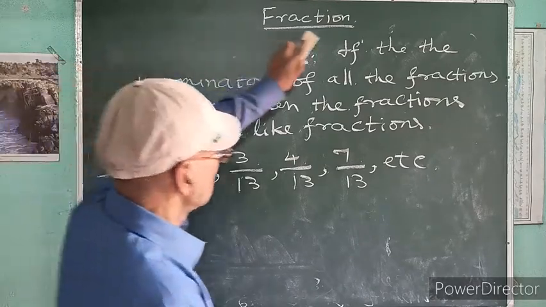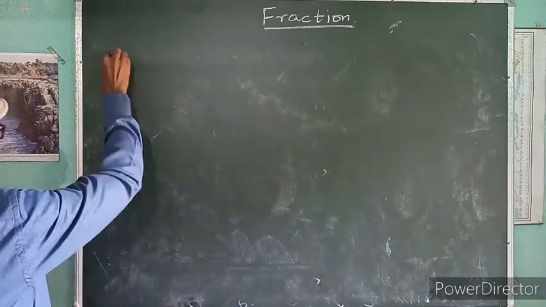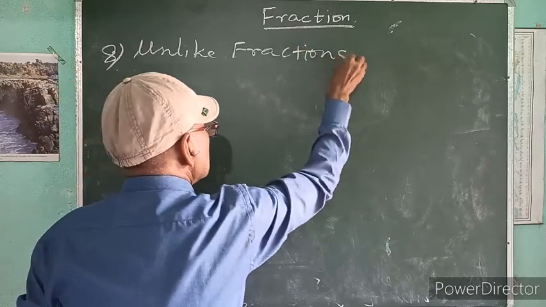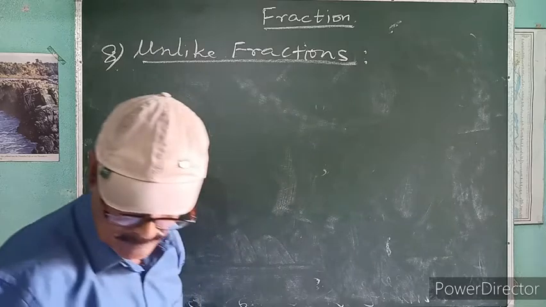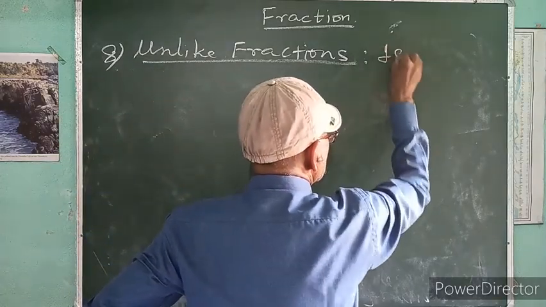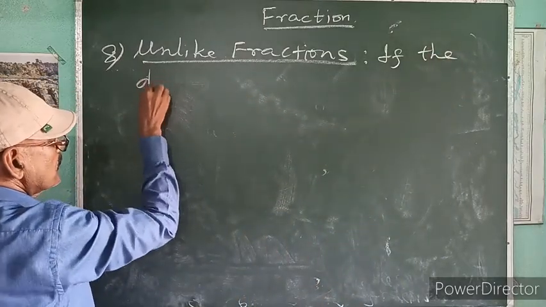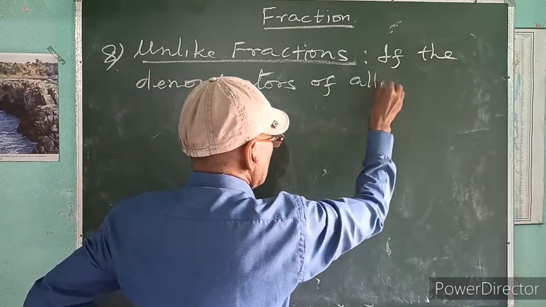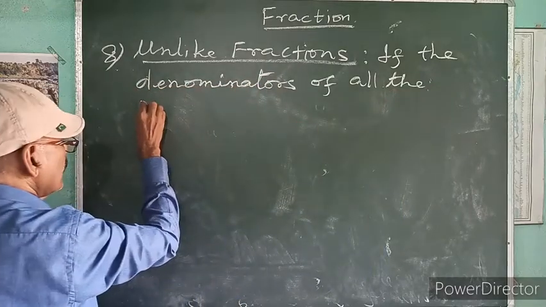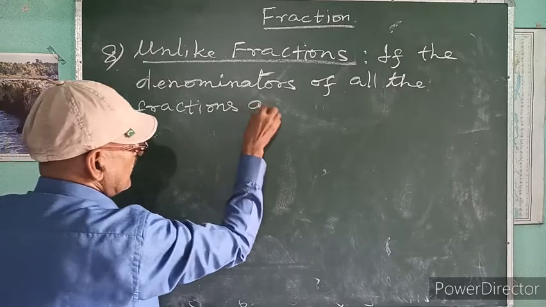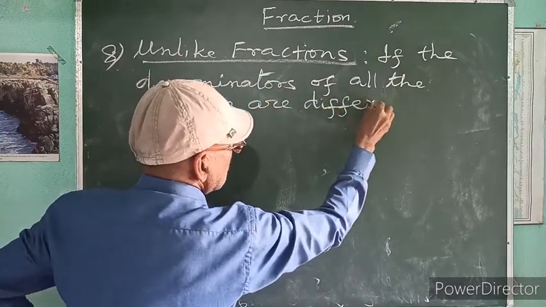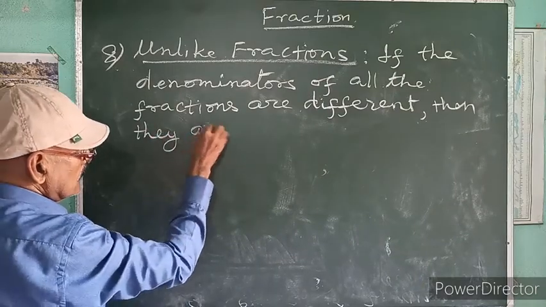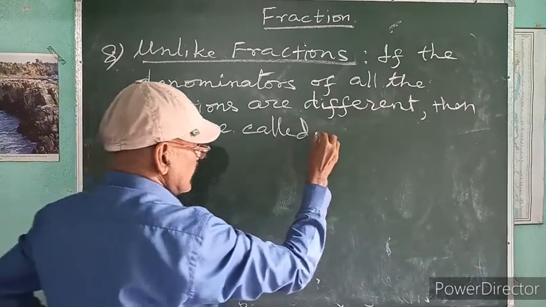Next number is unlike fractions. If the denominators of all the fractions are different, then they are called unlike fractions.